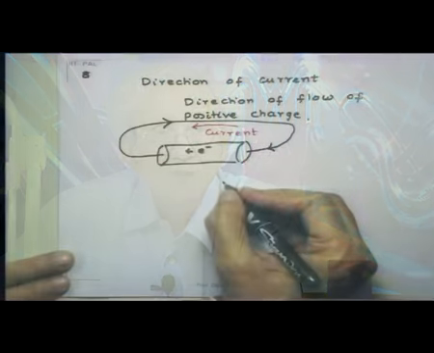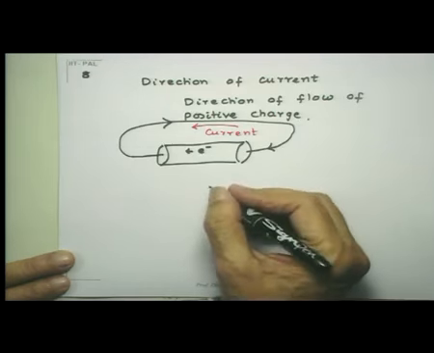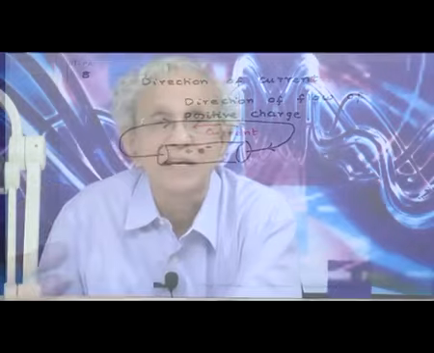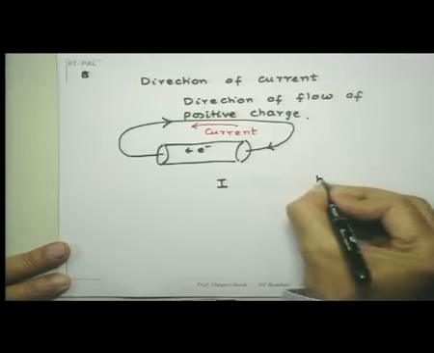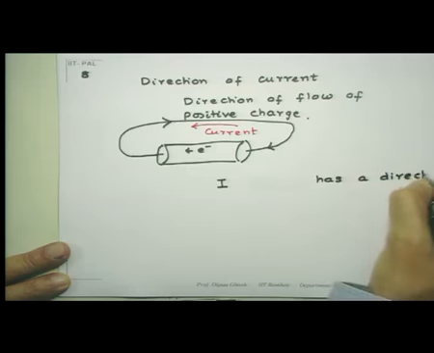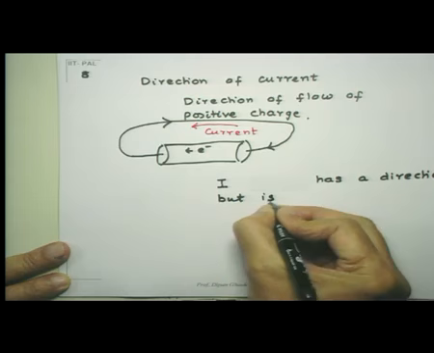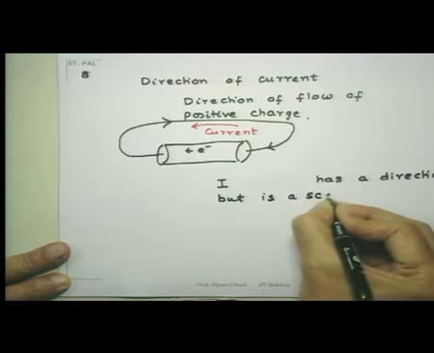Now notice one thing, that you would immediately notice that we have said current has a direction. However, current, though it has a direction, is not a vector. This is something which needs a little bit of thinking to appreciate. So current I has a direction, but is a scalar, it is not a vector.